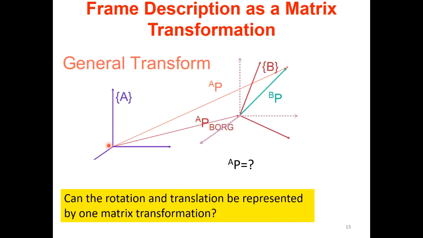Different worlds, different coordinate frames, but you want to describe the position and orientation of an object which is defined with respect to a certain frame. Now we want to change the description with respect to another frame. So in this very simple example, what is the answer for this one, AP? Can anybody answer?